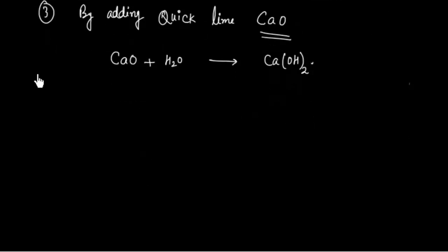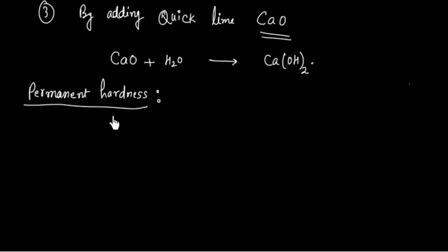Now let us discuss permanent hardness of water. So what is the meaning of permanent hardness? When my water contains SO4 2-, Cl-, CO3 2-, hardness due to these we'll call a permanent hardness.